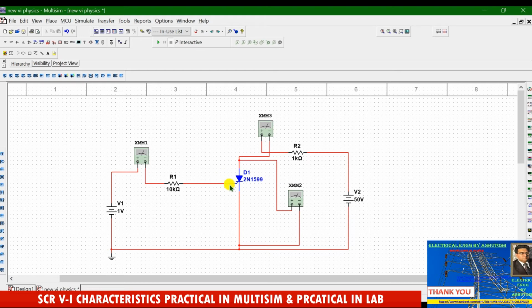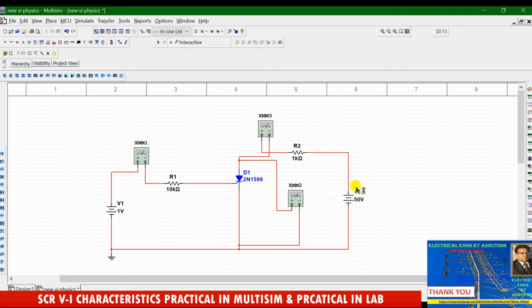This is the SCR, and the gate terminal is connected to a supply voltage through a resistance R1 of 10,000 ohms. The anode and cathode are connected to a battery: the positive electrode to the anode and the negative electrode to the cathode.